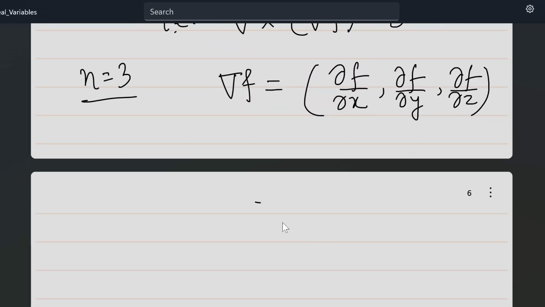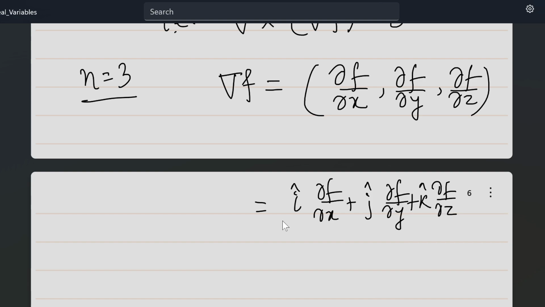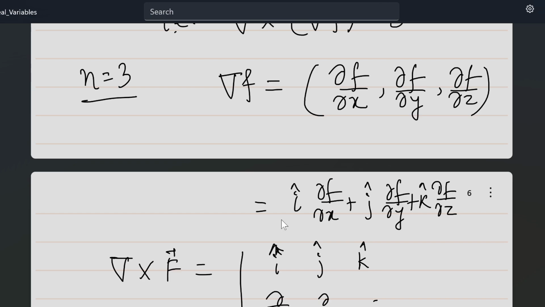So it is equal to i del f del x plus j del f del y plus k del f del z. Now, as you know, curl of F is the determinant of i, j, k, del x, del y, del z, and F1, F2, F3.